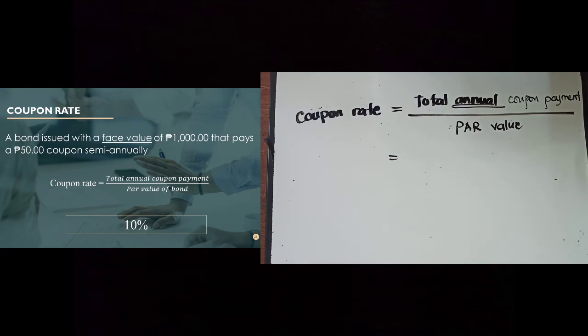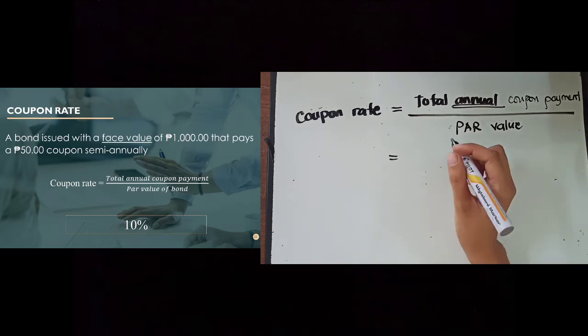Magkano yung interest na natatanggap mo yearly since this is annual? So, ang given natin dito is 50 pesos coupon semi-annually. And again, ang kailangan natin is coupon annually. So, kung ang semi-annually ang given, para makuha natin ang coupon payment for 1 year, just multiply it by 2. Why? Semi-annual, half of the year, multiply it by 2 to make it 1 whole year.